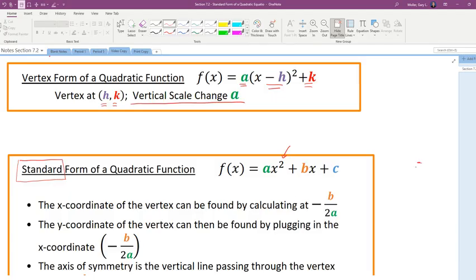The x-coordinate of the vertex. In this format, we cannot just look at the problem and see where the vertex is. It doesn't just jump off the page at us like it does in vertex form. So what we can do is find the x-coordinate of the vertex by doing, and again, we're not going to tell you why this works at this point, it's simply established, -b over 2a.